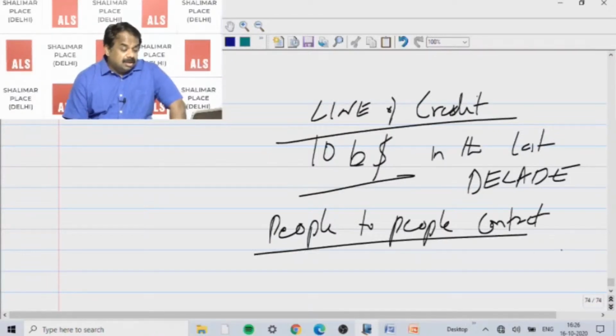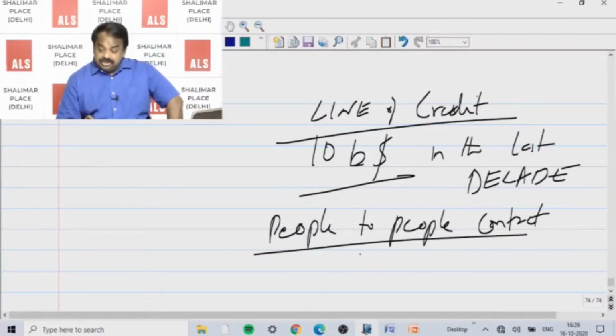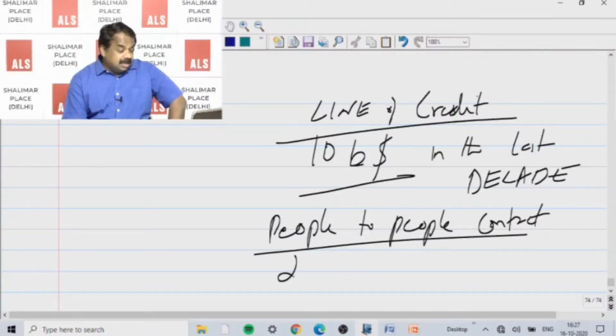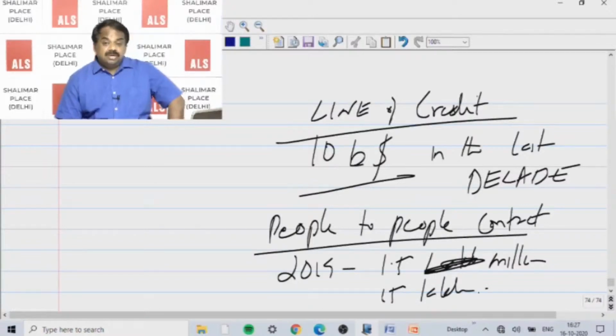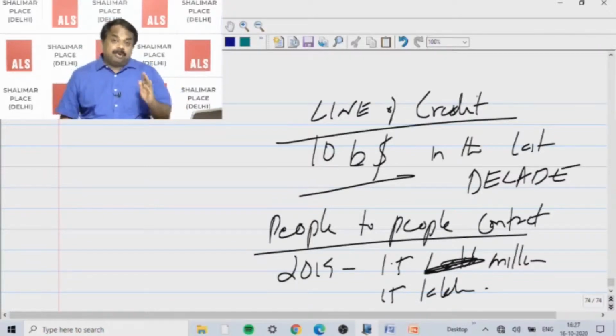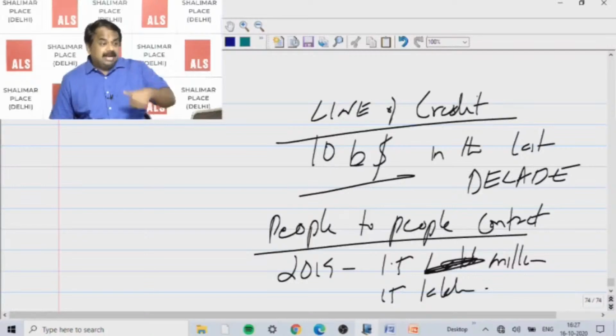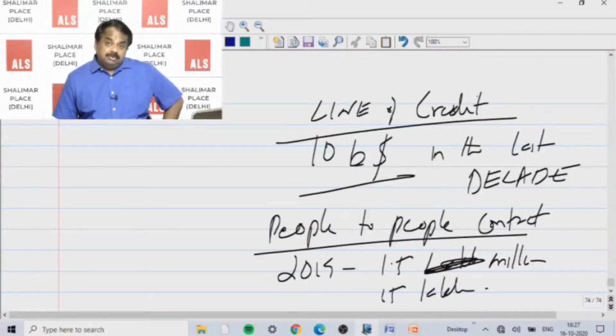We processed visas in 2019 itself for more than 1.5 million, or 15 lakh, Bangladeshis to India. Proper visa, legal entry into India, even though there is no job visa and all.